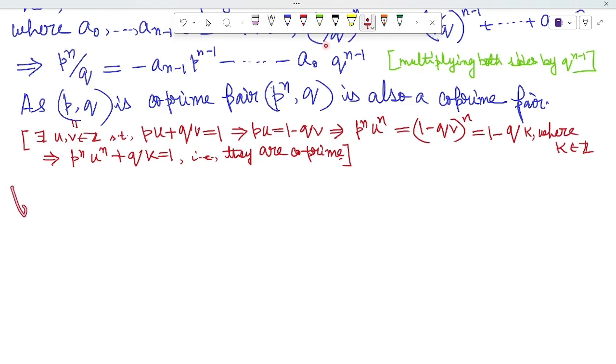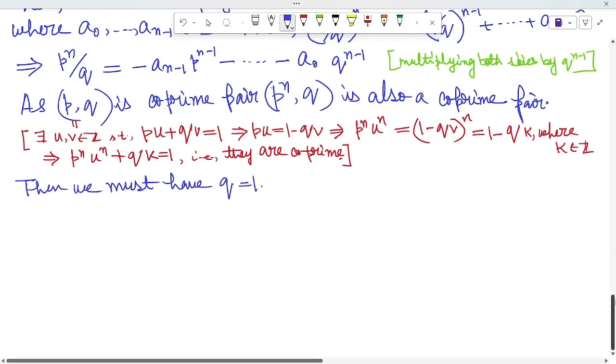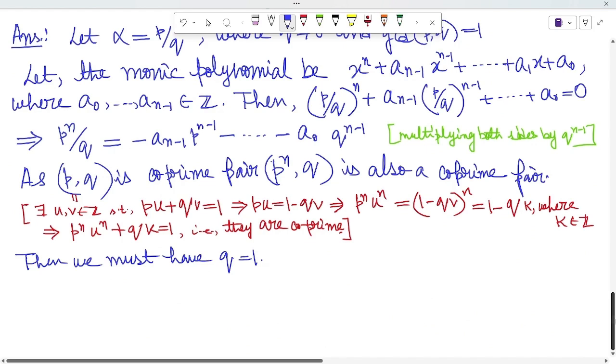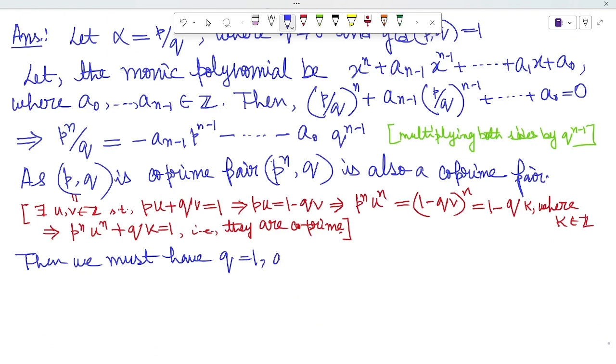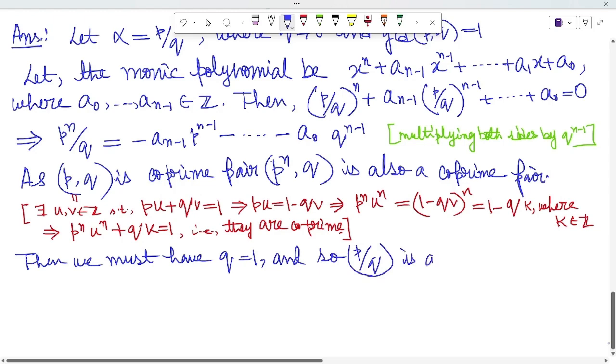So we must have q equal to 1. I mean, you can take also q equal to minus 1, then the minus sign is transmitted to the p. So q equal to 1, and hence p by q is an integer.